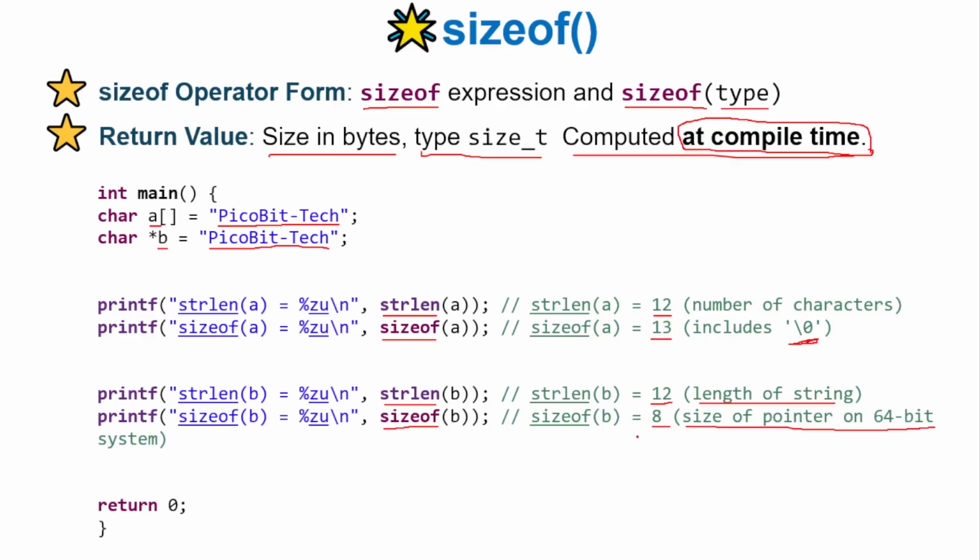This clearly shows that the strlen function works on string content while the sizeof operator reports the memory size of the variable or type, which may be completely unrelated to the actual string length.